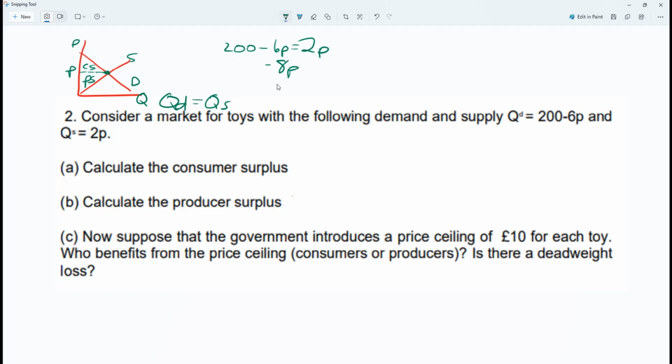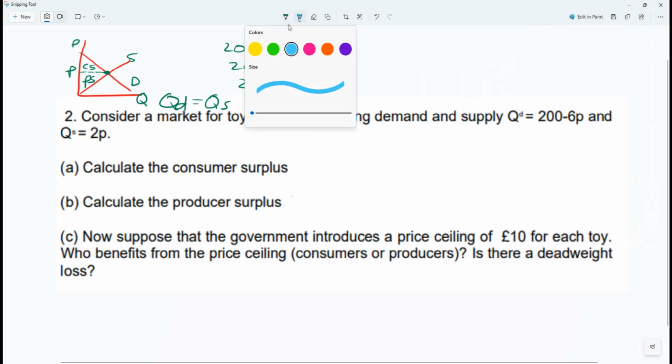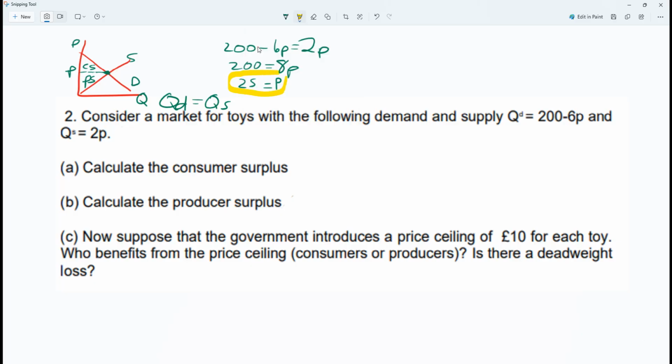So I send that over there, and that gives us 8P = 200, and then P equals, divide both sides by 8, should be 25. Let's make sure here. 200 divided by 8 is 25. I was right. Just got to make sure because I'm tired, and I know that sometimes people are watching because if I make a mistake, I get a comment. So the price right here would be 25.